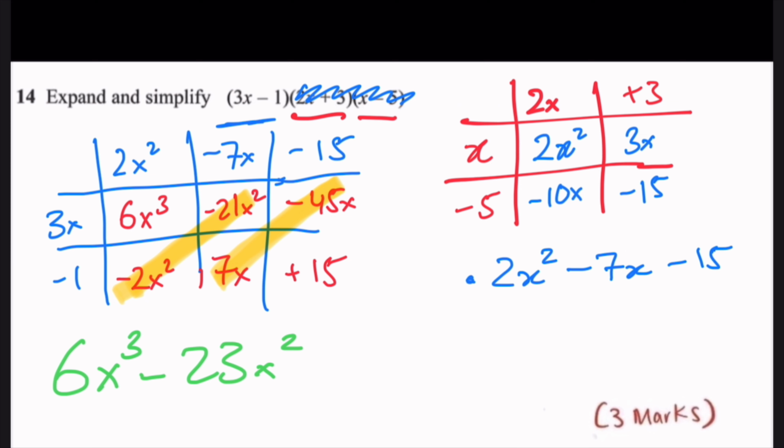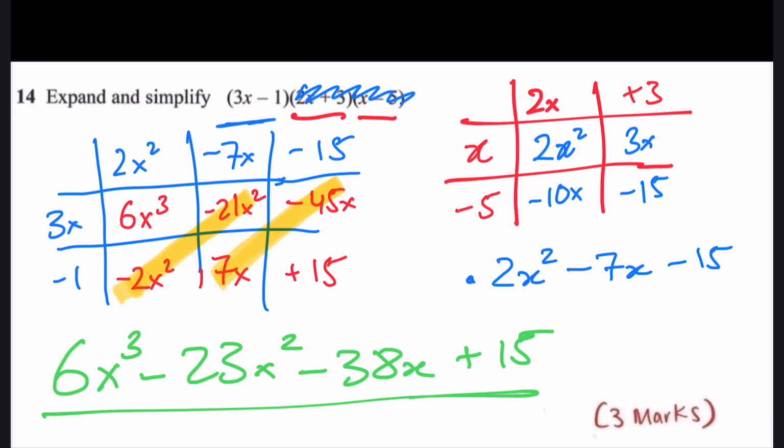Minus 45x plus 7x gives me minus 38x, and then plus 15 at the end. And this is my answer for 3 marks. Next bit.